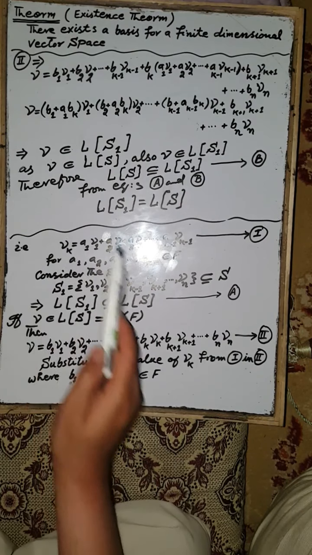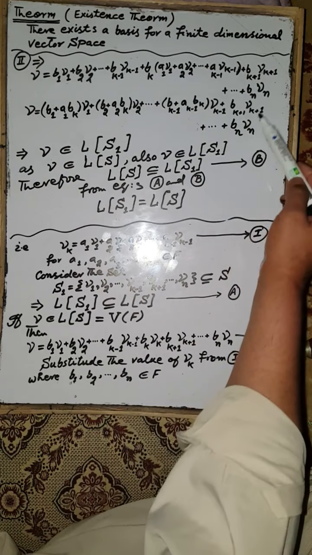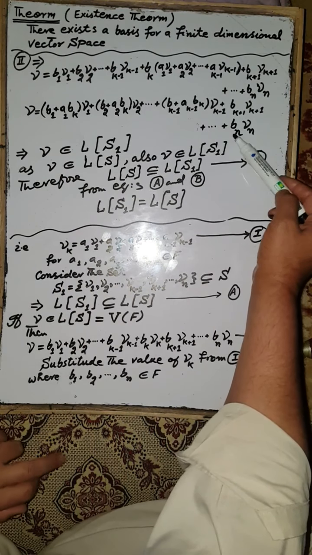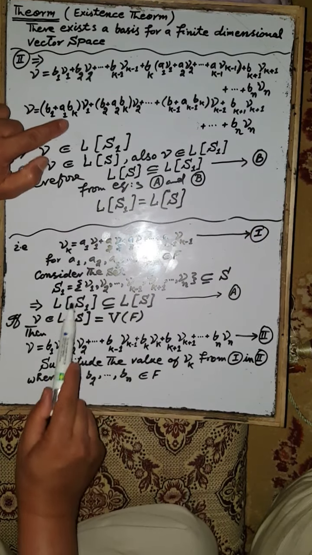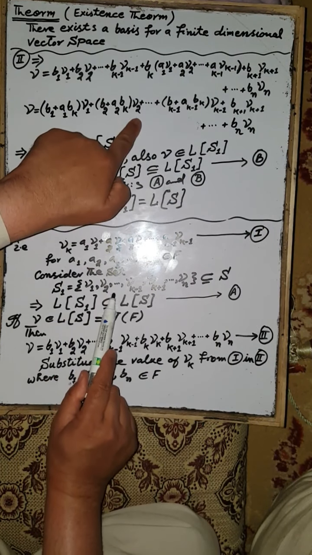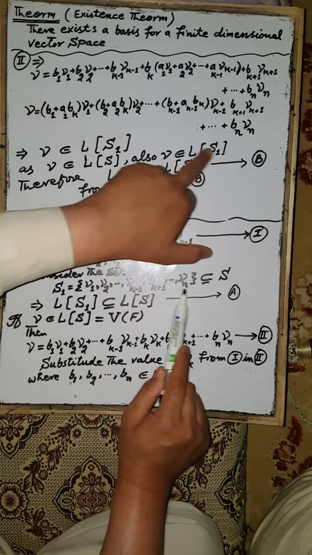That is, v is a linear combination of the elements v1 v2 vk minus 1 vk plus 1 up to so on vn.